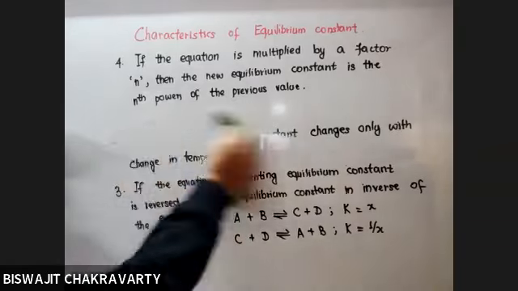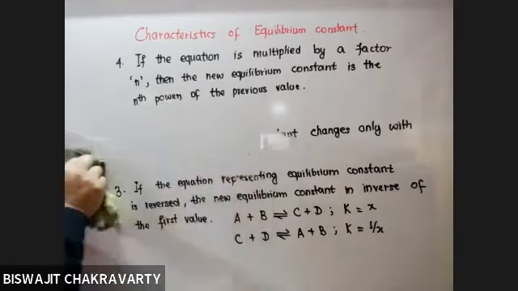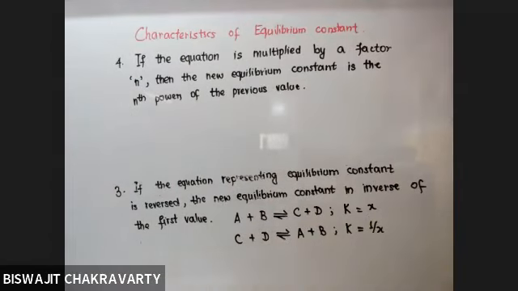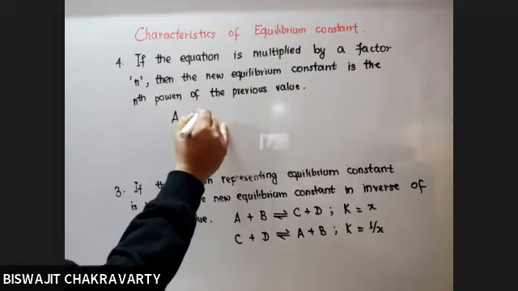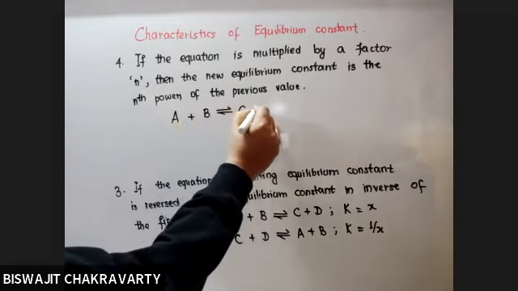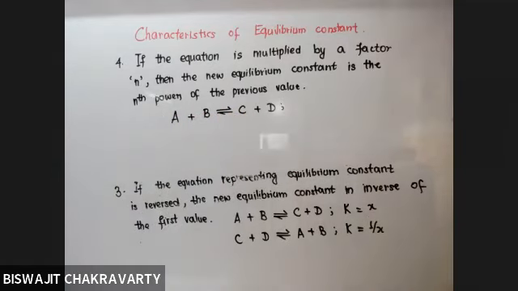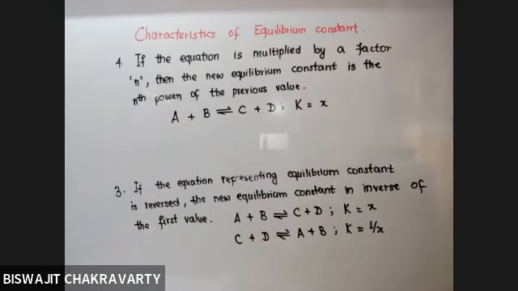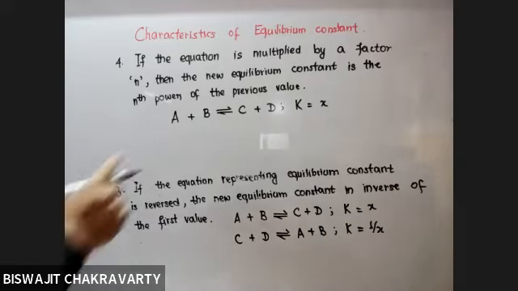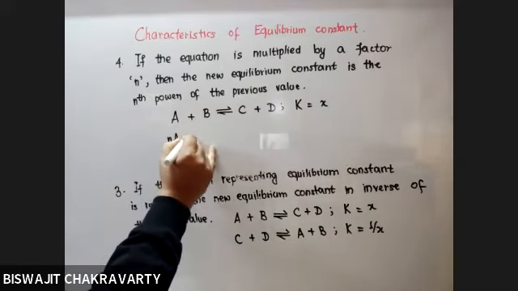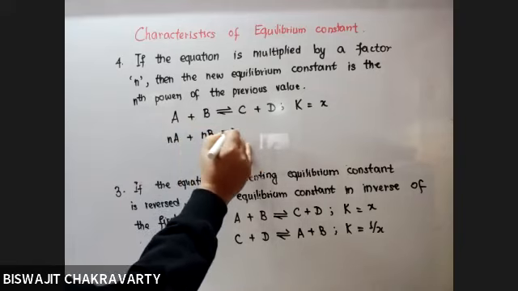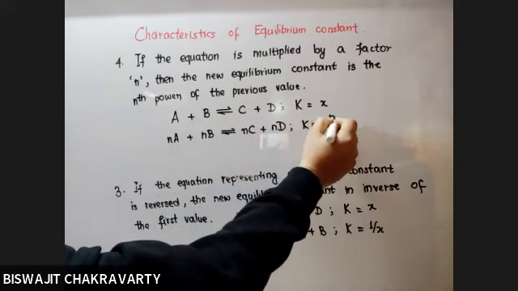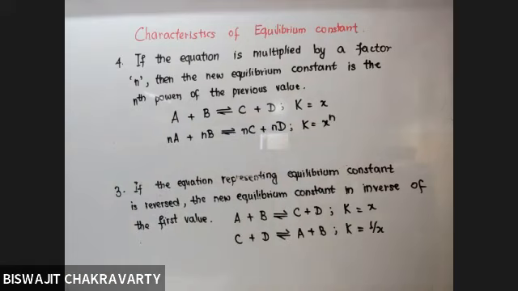What does that mean? Let us see. Suppose we have a reaction A plus B reversible C plus D, and the equilibrium constant for this one is X. Say, if you multiply this whole equation by any number, then the new equilibrium constant will be raised to the power of that number.